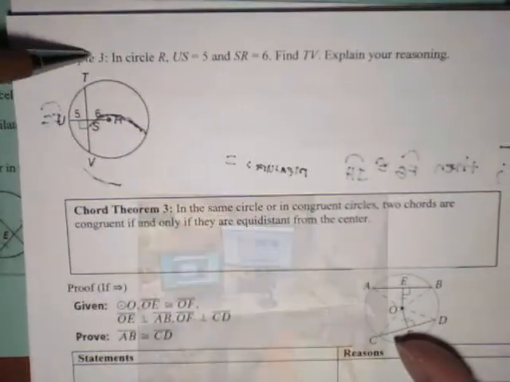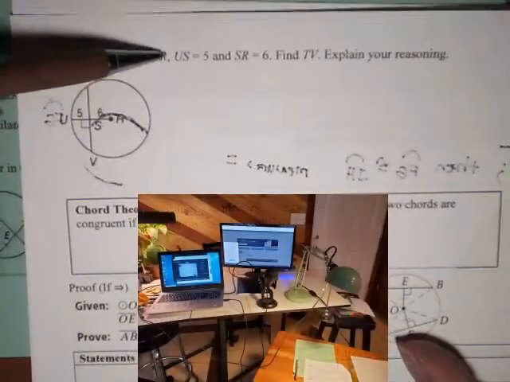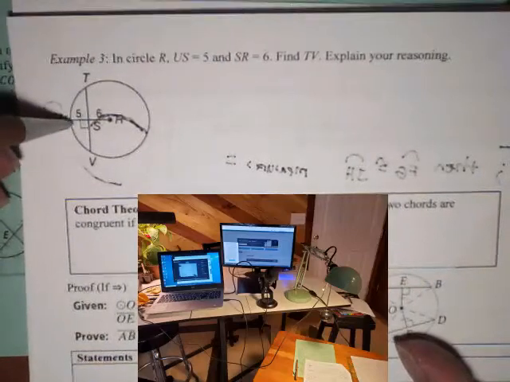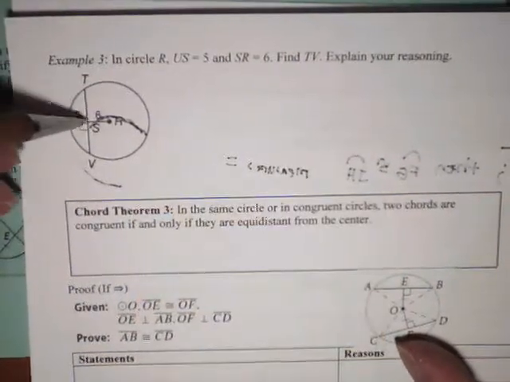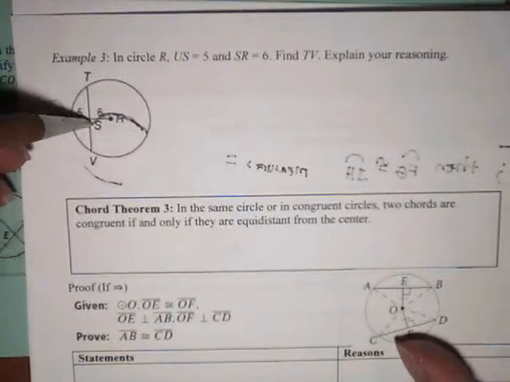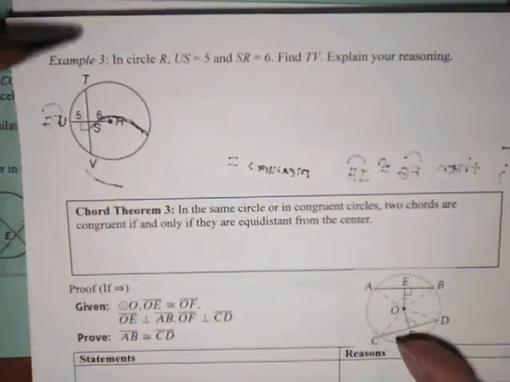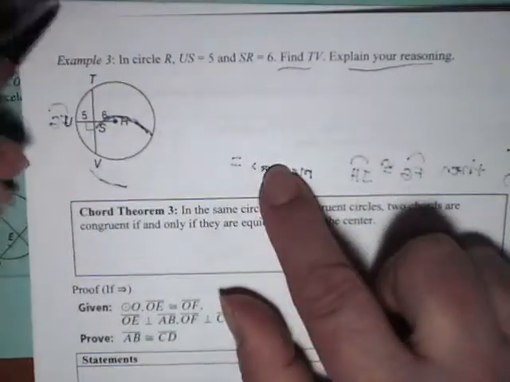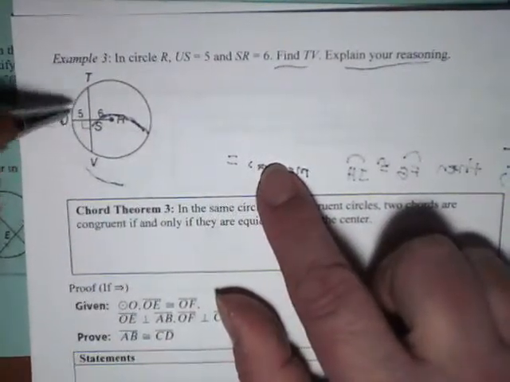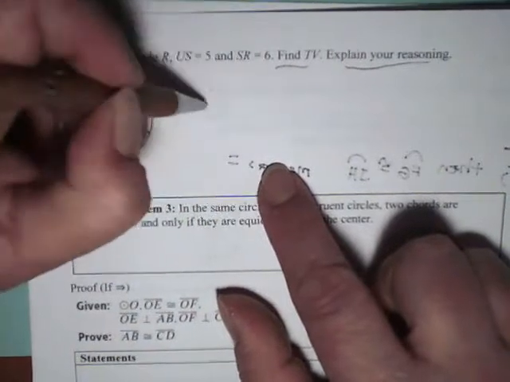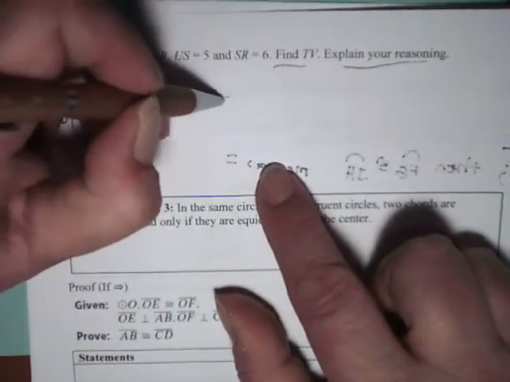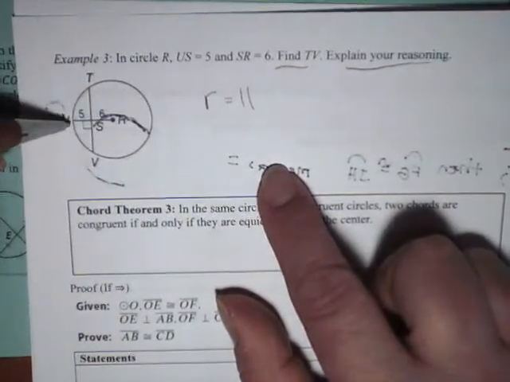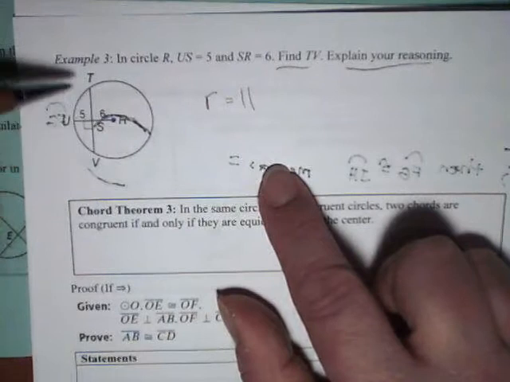Okay, in circle R, US equals 5. So US is right here. SR equals 6 right there. Find TV and explain your reasoning. So we know that 5 and 6, the radius of this circle equals 11. Everybody get that? 5 plus 6 is 11.